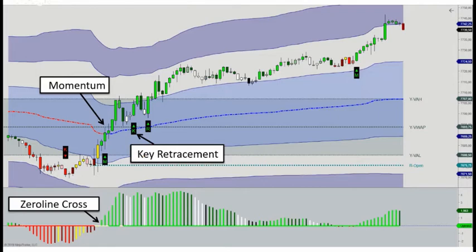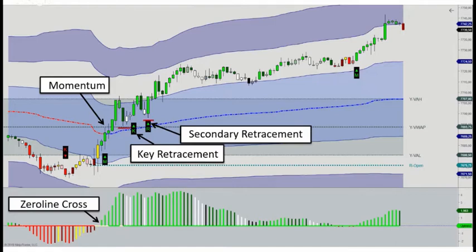So that is the first retracement into the new emerging trend. Later on, we see a secondary retracement signal that's marked with an R in order to distinguish it from the key retracement, which is statistically the more favorable probability.